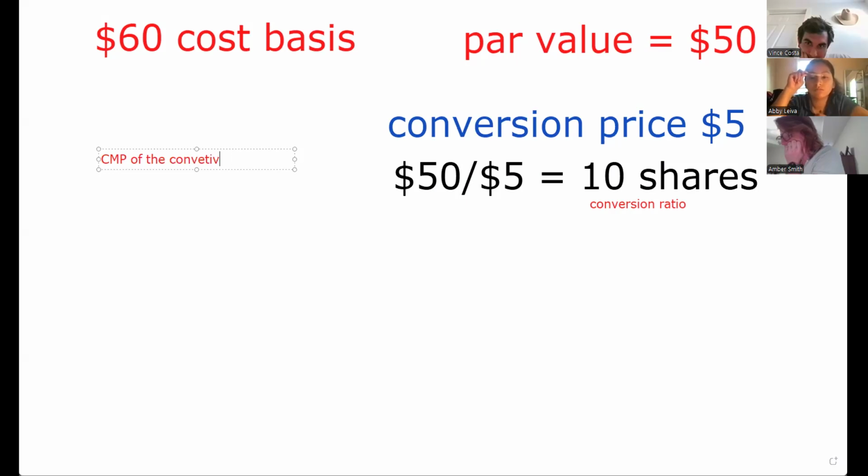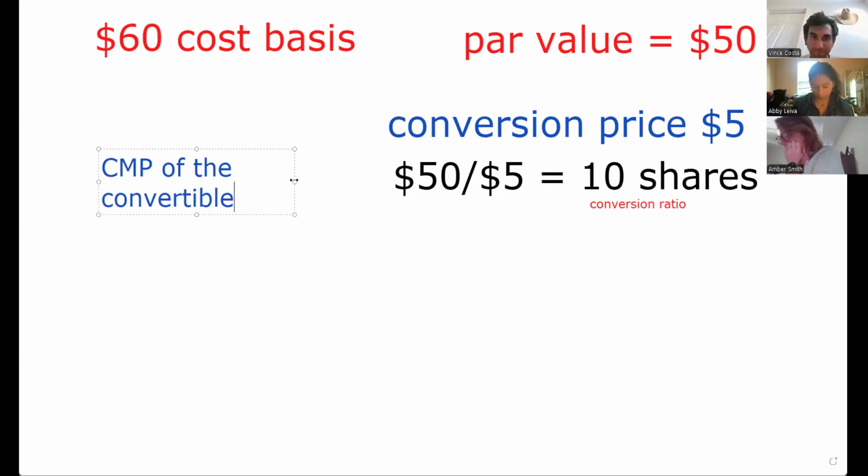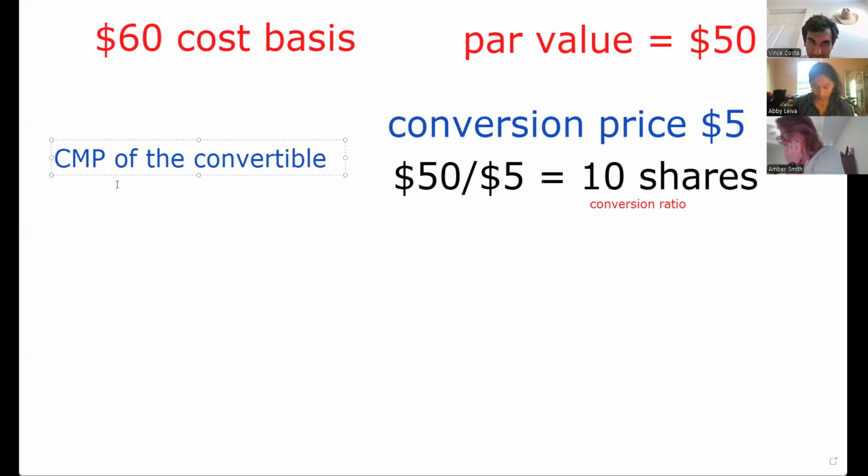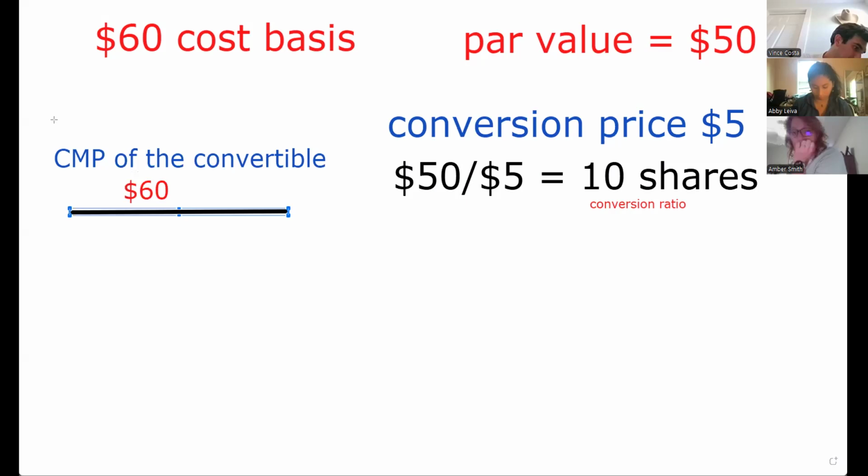So what we do here is we take the current market price of the convertible, which in this case is 60, and we're going to divide that. As I said, if you can't decide what to do, we always divide. And so here, the current market price of this convertible is 60. We're going to divide that by the conversion ratio, and the conversion ratio here is 10 shares.